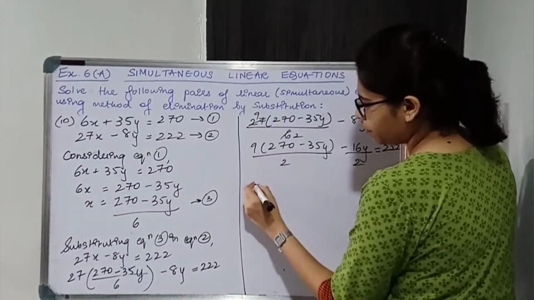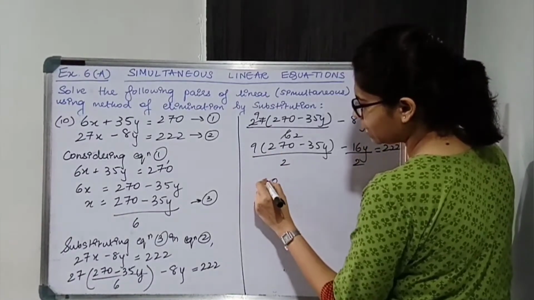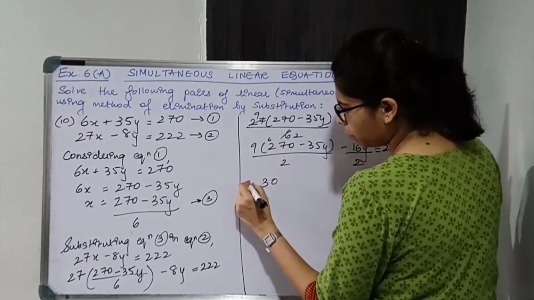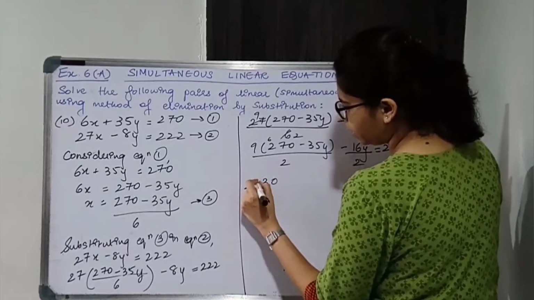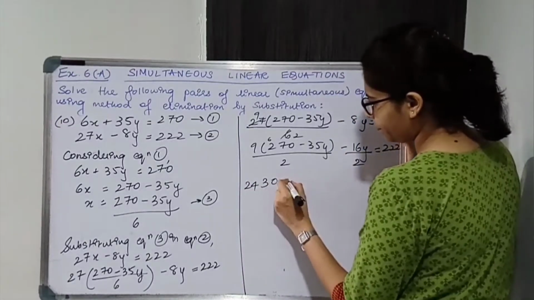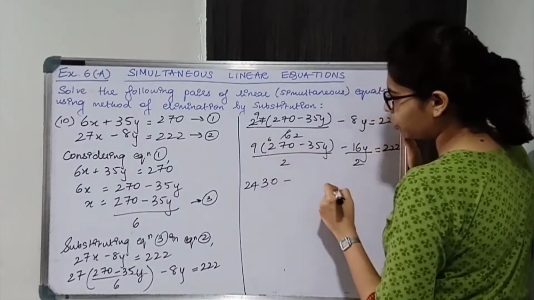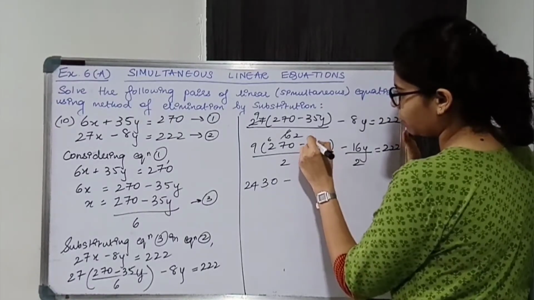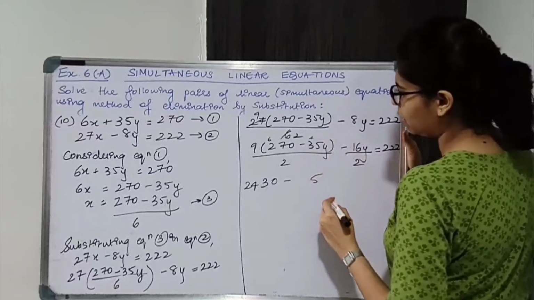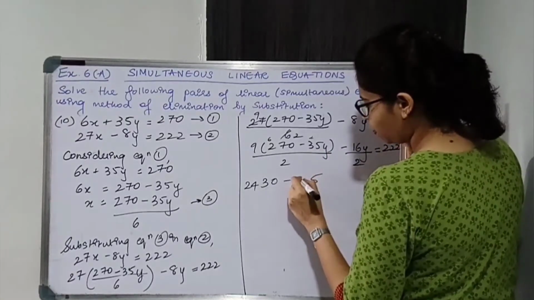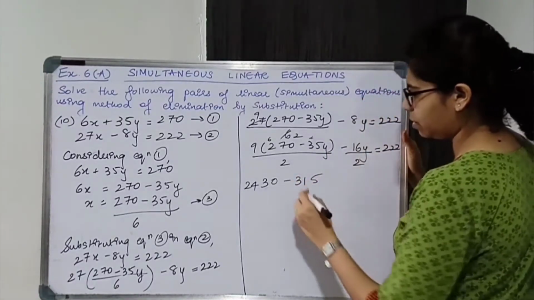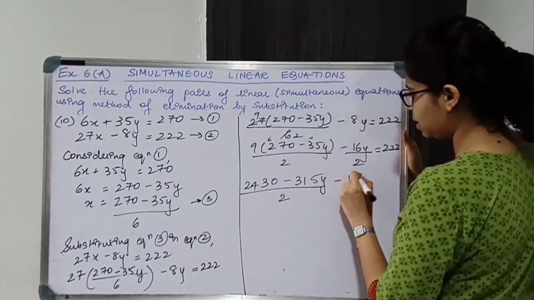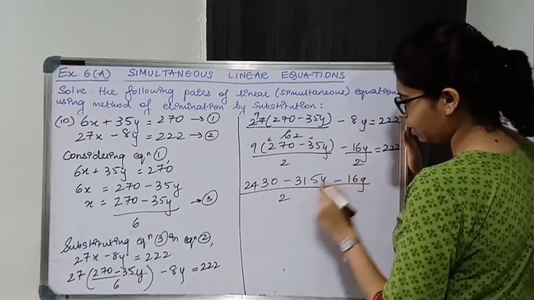So this will become 0, 9 7s are 63, 9 2s are 18 plus 6, so that will become 24. Minus 9 into 35, so 9 5s are 45, and 9 3s are 27 plus 4, 31y by 2, minus 16y, the whole thing I can write by 2.